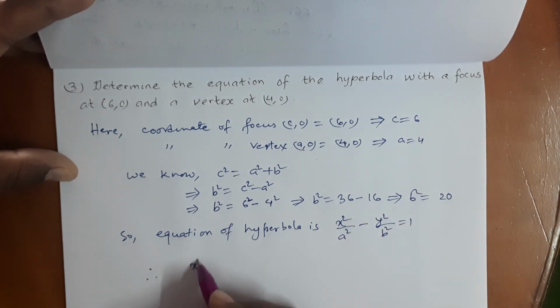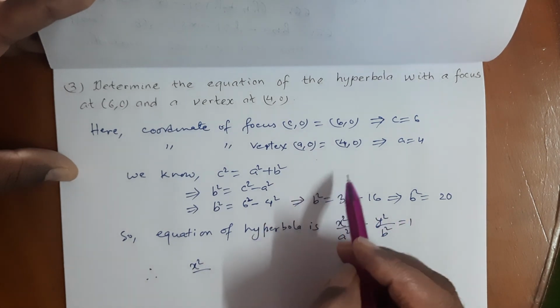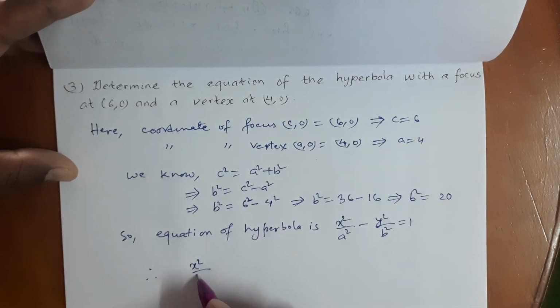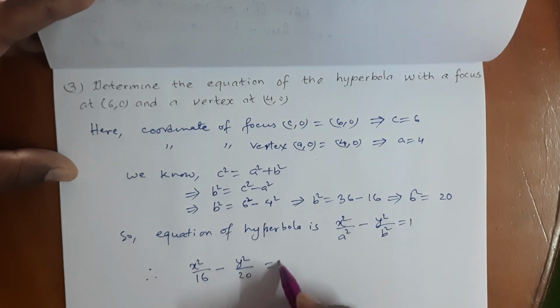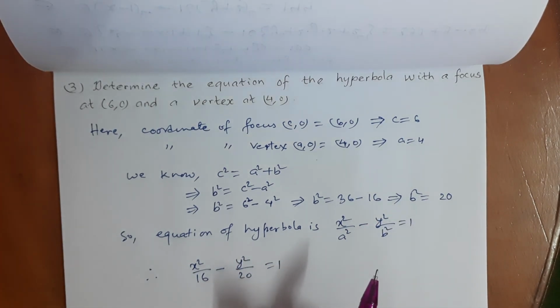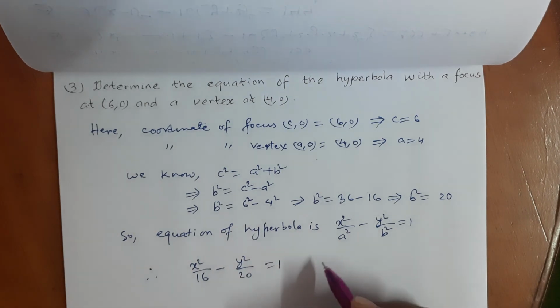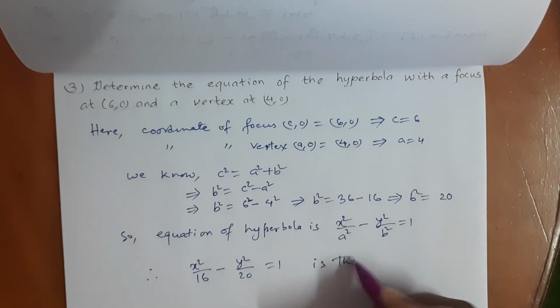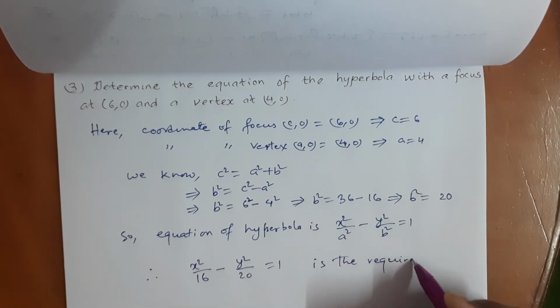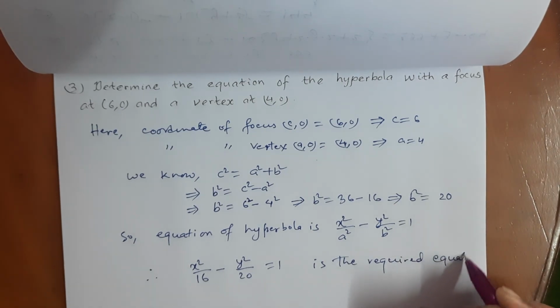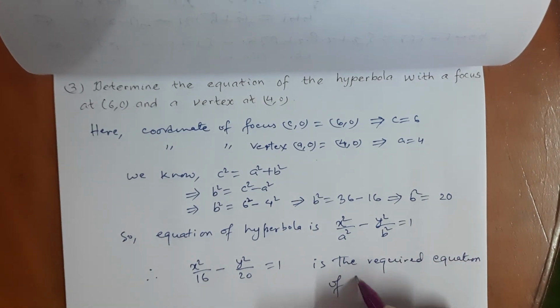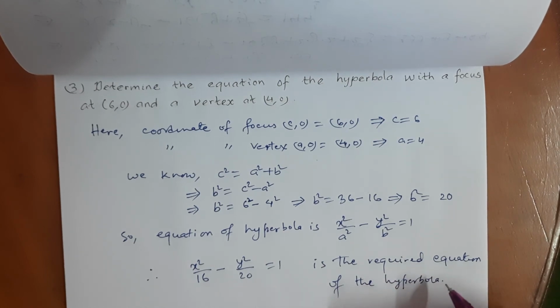Therefore x square over a square value from here is 4 square, that is 16, minus y square over b square value is 20, equals 1. This is the required equation of the hyperbola.